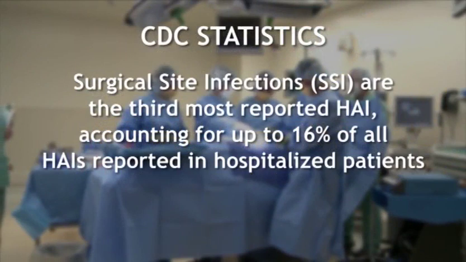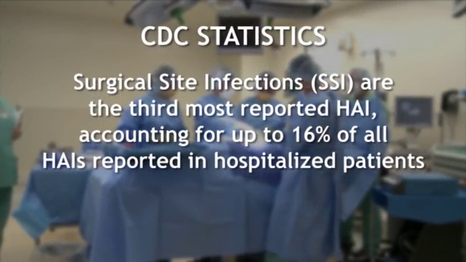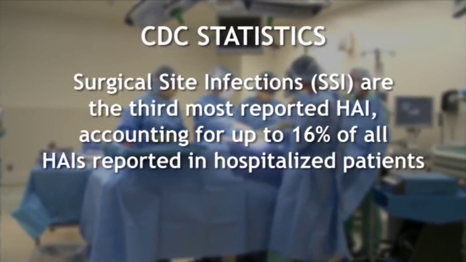According to the latest statistics from the CDC, surgical site infections, SSI, are the third most reported HAI, accounting for up to 16% of all HAIs reported in hospitalized patients.